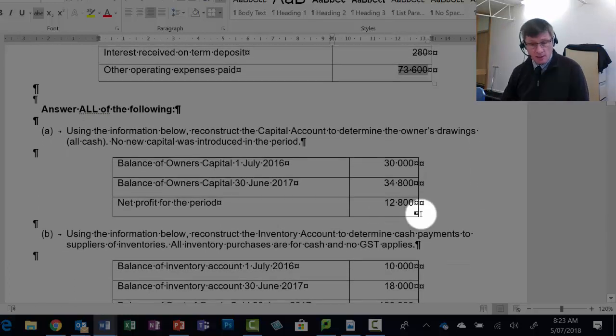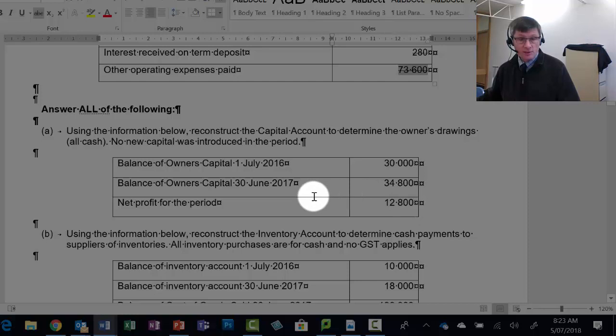Now I've got a number of more difficult things to deal with. So let me deal with the first one first, and that is looking at the capital account. Now what we need to do here is to work out whether indeed there have been any drawings, or if there's any net capital being introduced.